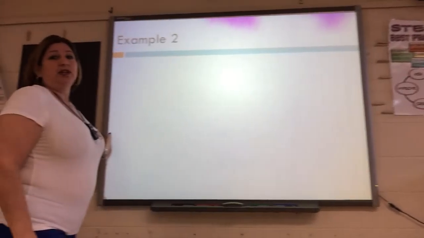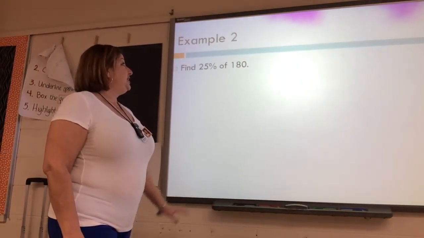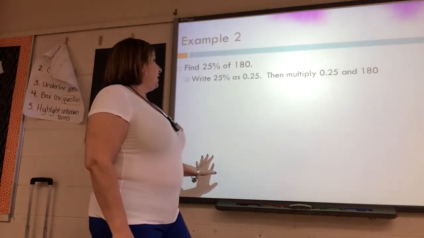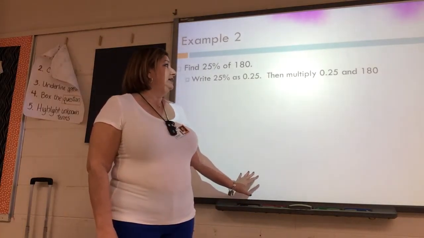Here's another example. Find 25% of 180. Write 25% as 25 hundredths, then multiply.